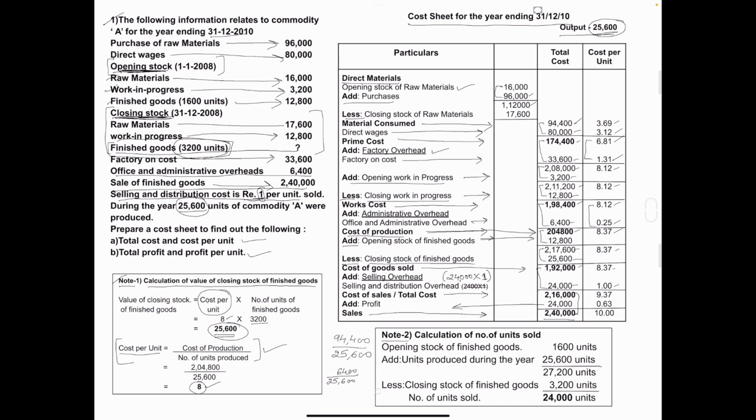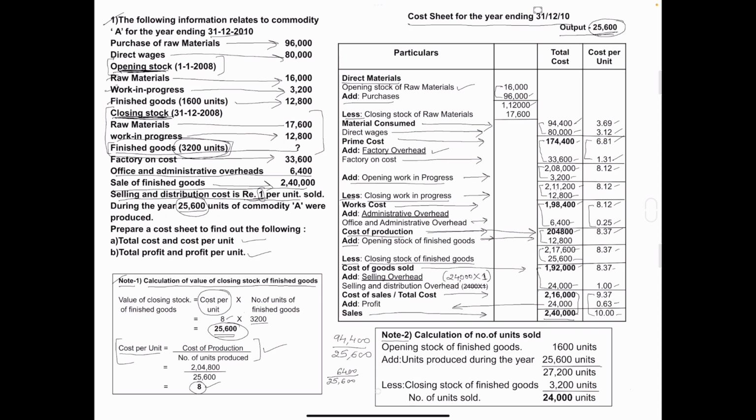So the number of units sold is 24,000. So for the per unit column what we have to do? 2,40,000 divided by 24,000 you will get 10 rupees. From 10 minus 9.37 you will get 0.63. This is the profit per unit. Okay, hope you got the solution.